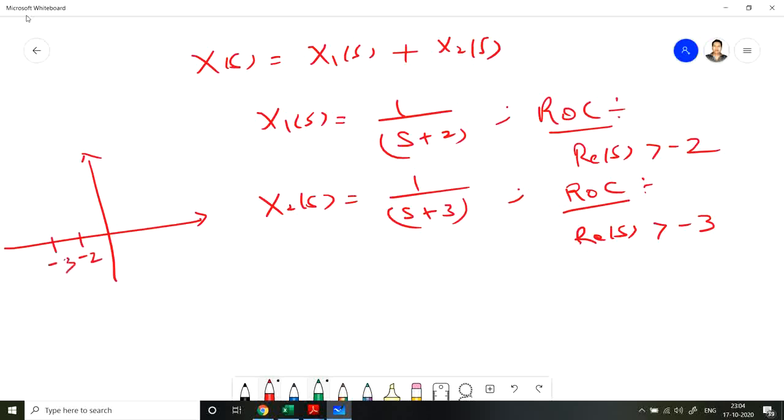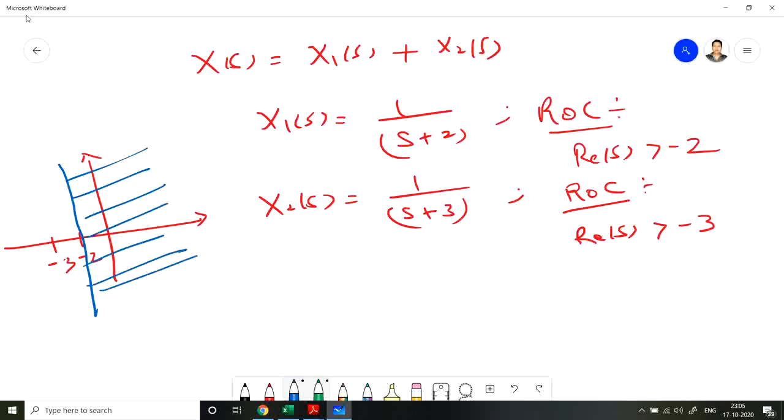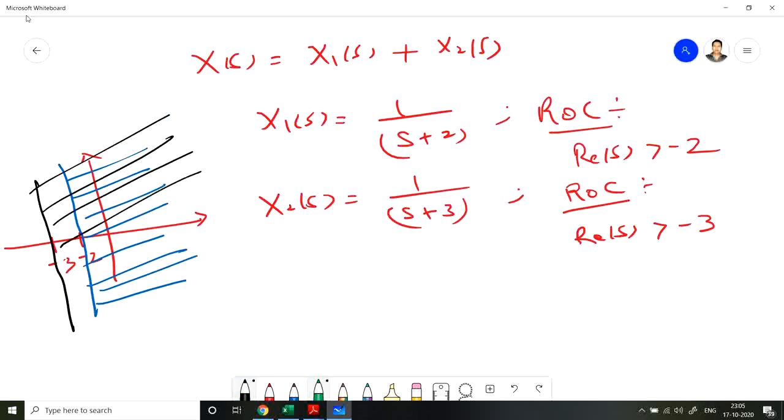The first ROC is real part of s greater than minus 2, and the second ROC is real part of s greater than minus 3.